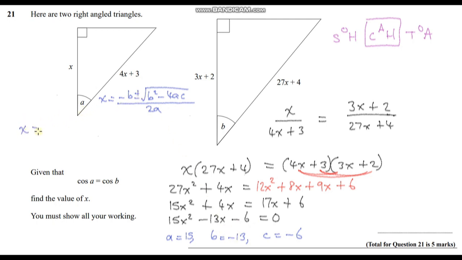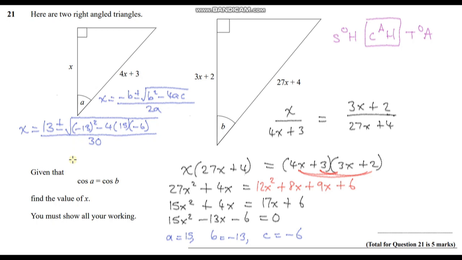So x is going to be negative b, well, negative 13, that's just going to be positive 13, plus or minus the square root of b squared, so negative 13 squared, minus 4 times a, which is 15, times c, which is negative 6. And all of that is being divided by 2 times a. 2 times 15 is 30.